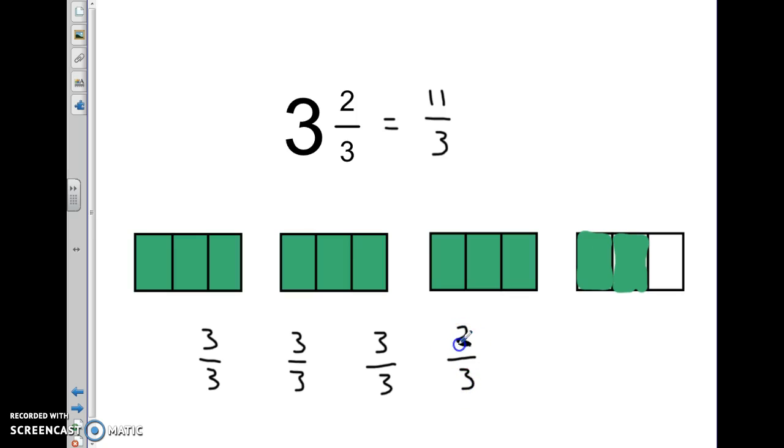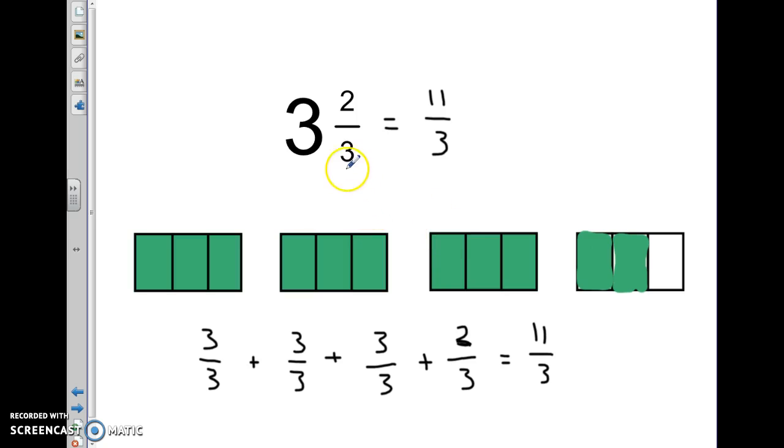So then I can just add them up, right? 3/3 plus 3/3 is 6/3, plus 3/3 is 9/3, plus 2/3 is 11/3. So that is another way to do it.